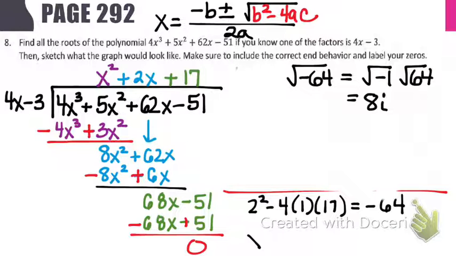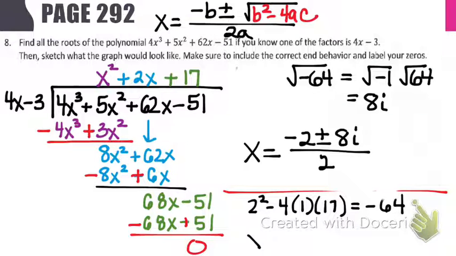So now we're ready to do the entire quadratic formula, which would be x equals the opposite of b. So b is positive 2. So it would be negative 2 plus or minus 8i all over 2 times 1, which is 2. So that would be a sufficient answer.